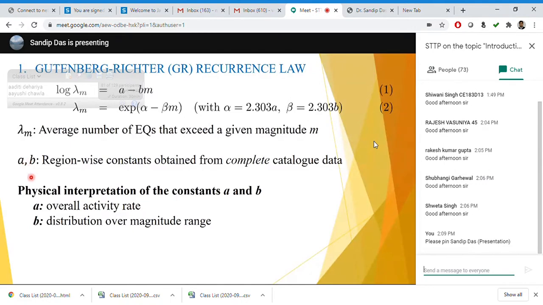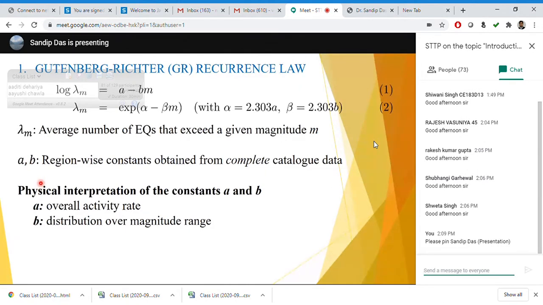These are textbook kind of things. We always say what is the a and b value of that region. So we then really understand what is the a value and b value of a GR relationship. These are region-wise constants obtained from complete catalog data. I emphasize complete, because unless your catalog data is complete, you cannot get the right estimate for your a and b.